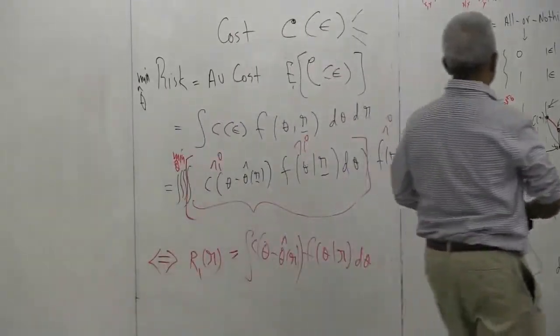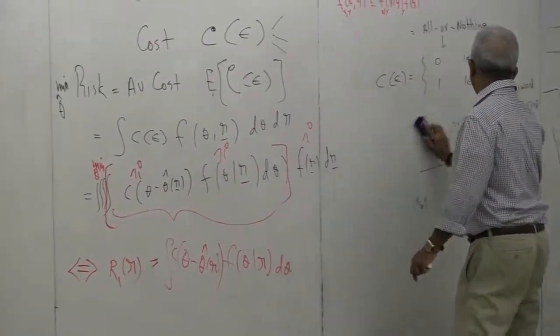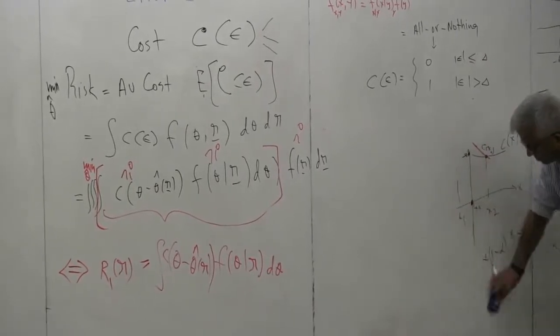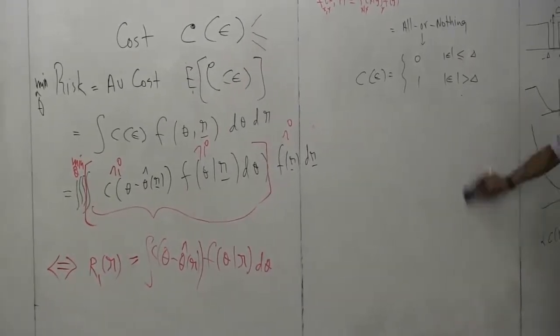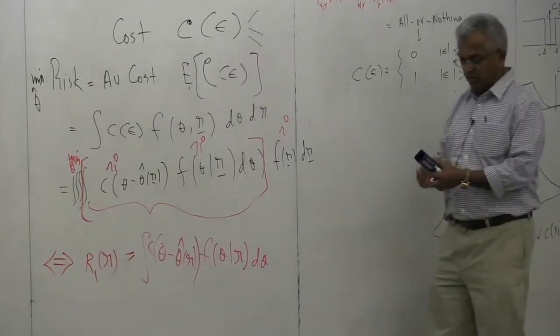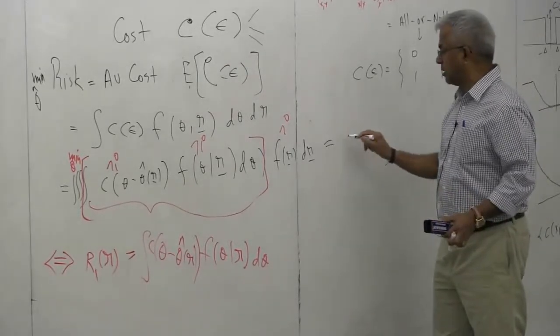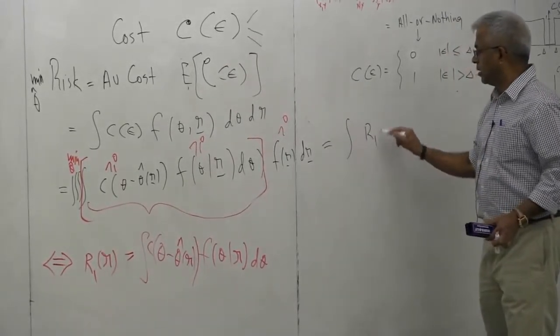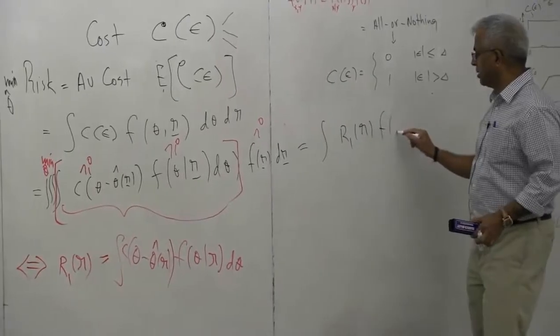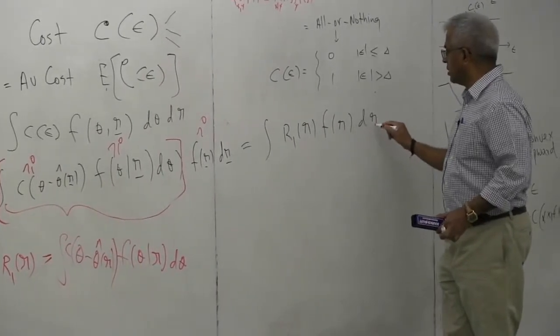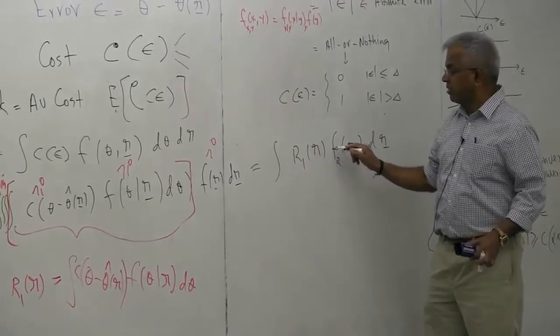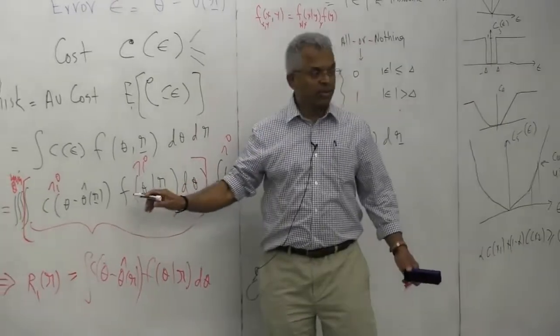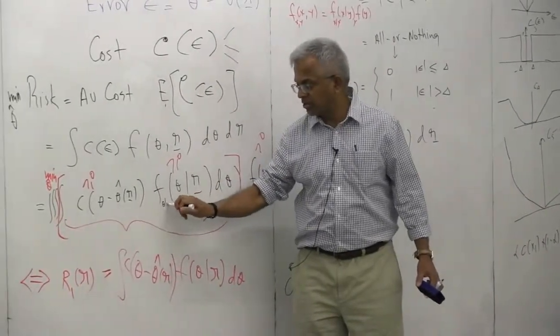So if you want, you can rewrite all this as the integral of R1 of R multiplied by f of R dR. I explained to you last time, even though I use this F, this is of course the conditional density function of theta.